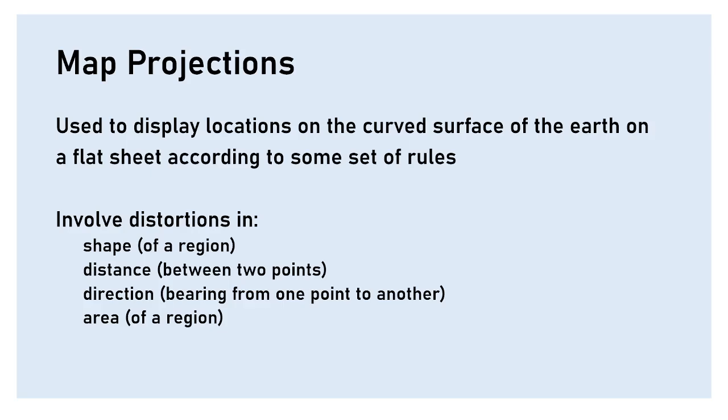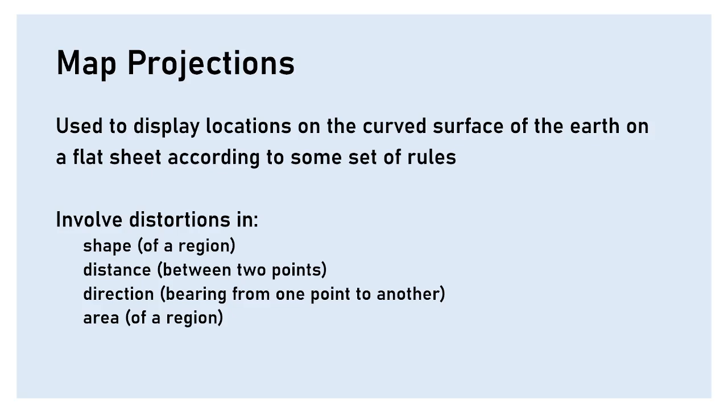Map projections are used to display, as I was saying, the locations on the curved surface of the Earth on a flat sheet according to some set of rules. For each projection, we assign certain rules. According to your need only, you will choose which projection you require. What happens is that when you do this projection by setting these rules, there will be distortions.